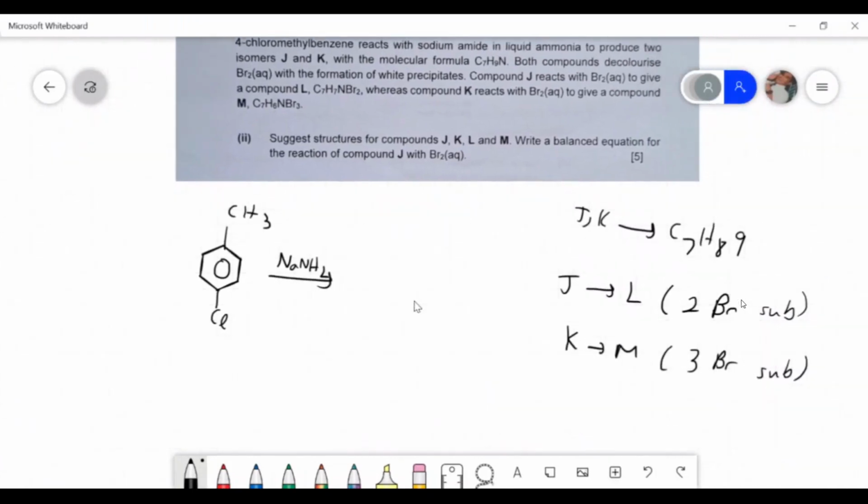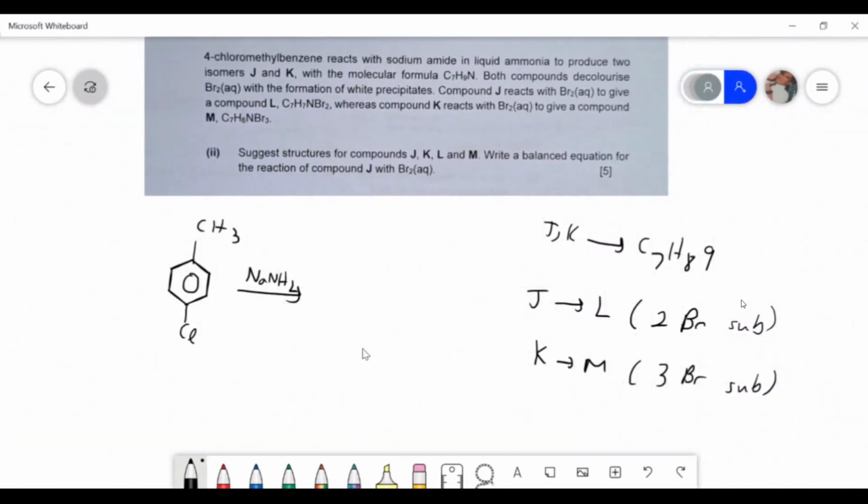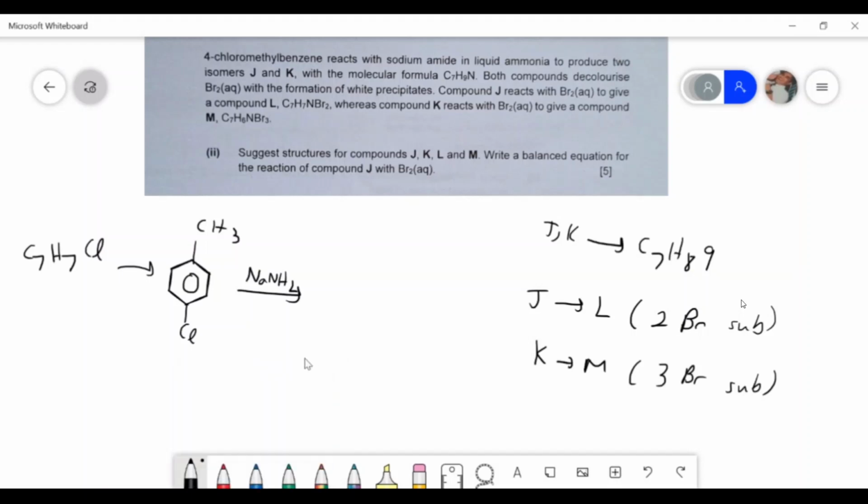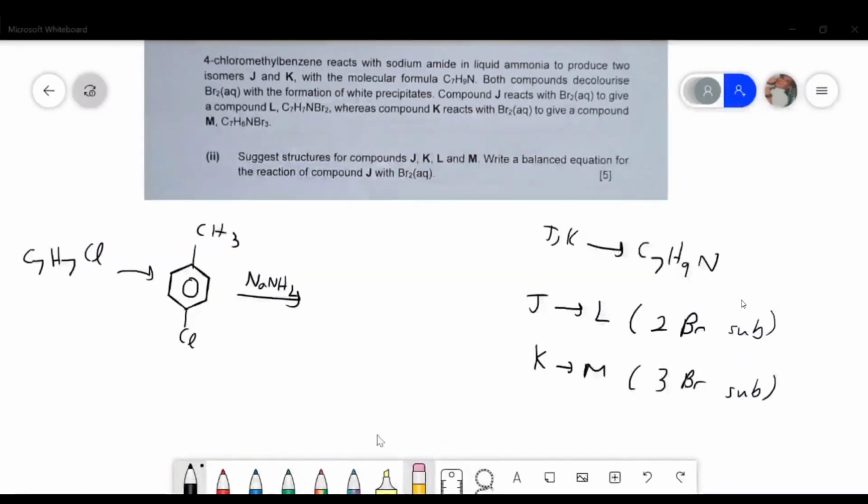First of all, we know that G and K have the molecular formula C7H9N. That's the formula of our starting product.